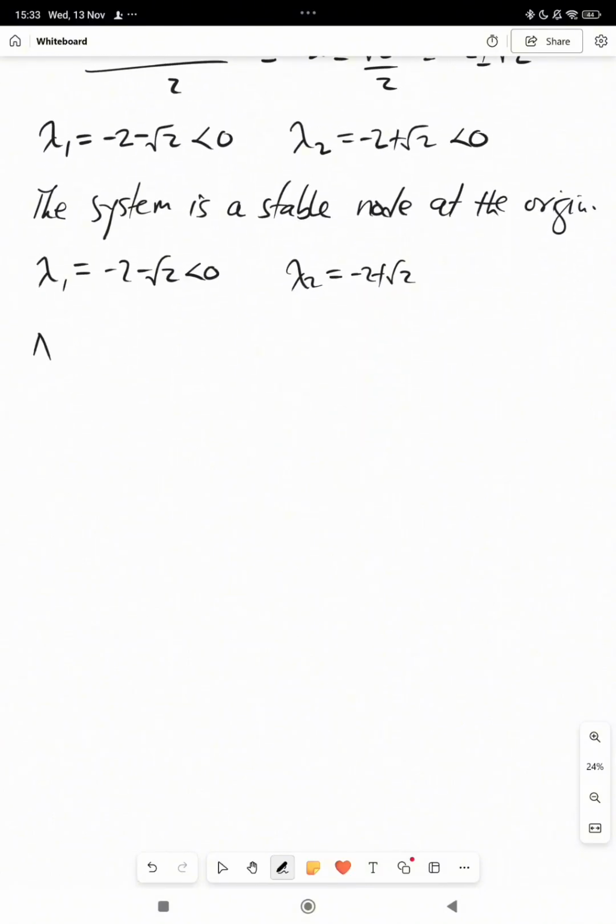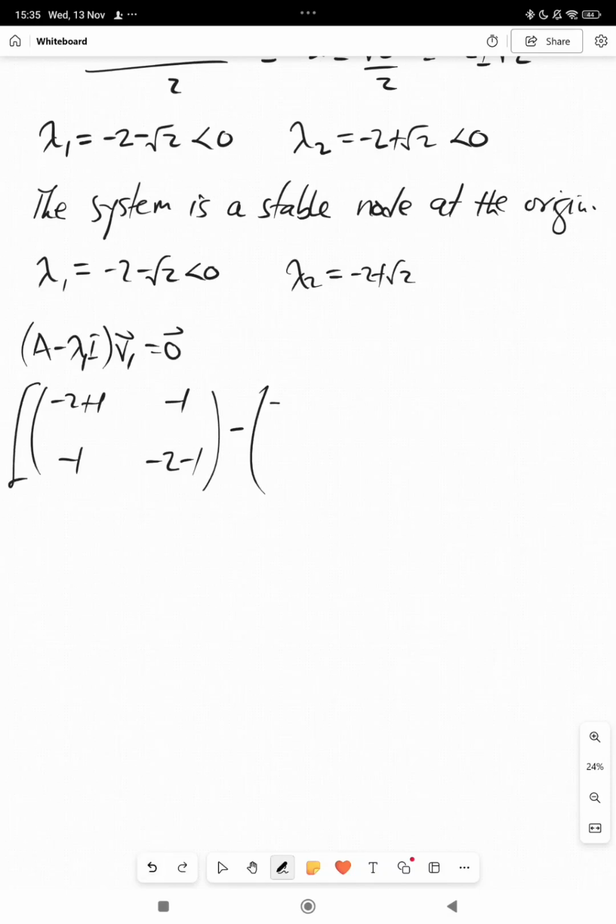So A minus lambda 1 I, times V1: we have minus 2 plus 1, beta is minus 1, we have minus 1, and minus 2 minus 1, all subtracted from minus 2 minus square root of 2, 0, 0, minus 2 minus square root of 2, multiplied by x and y is equal to 0, 0.